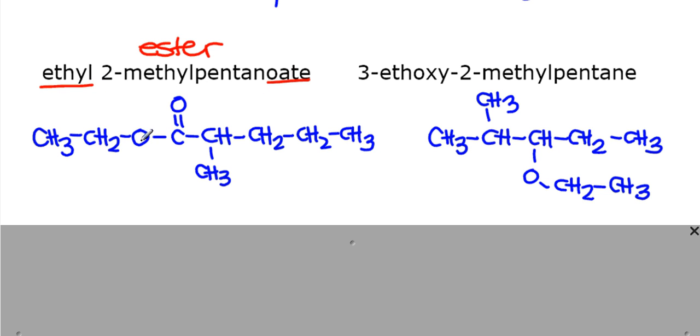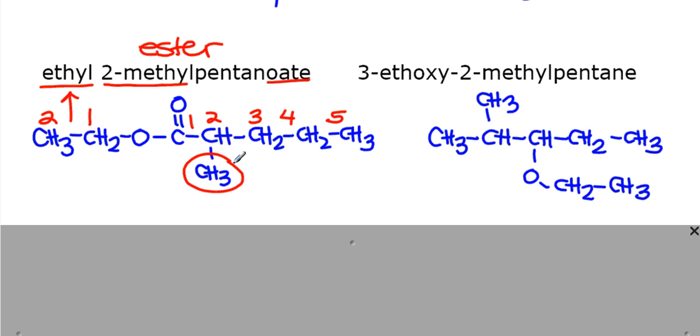It has to be attached to the oxygen. 1, 2. That's this part of the name here. I've got pentanoate. 1, 2, 3, 4, 5. That's my long chain here. And on that long chain, I've got a methyl at number 2, which is why it's sitting in here.